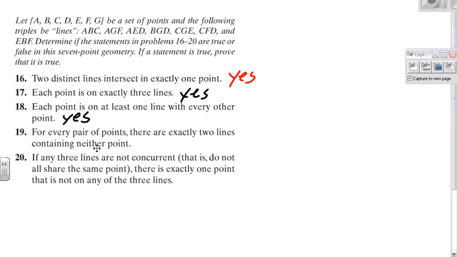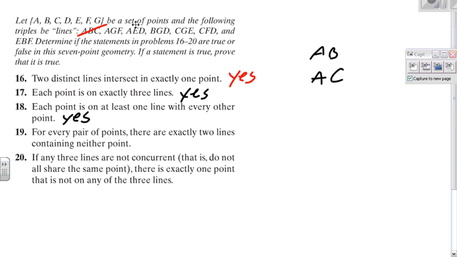For every pair of points, there's exactly 2 lines containing neither point. So we have the pair AB. It cannot have A nor B. So that one's okay, that one's okay. Then we can check the pairing of AC.